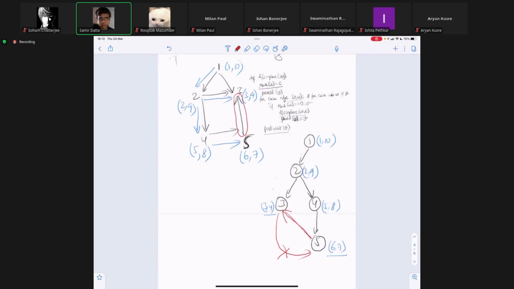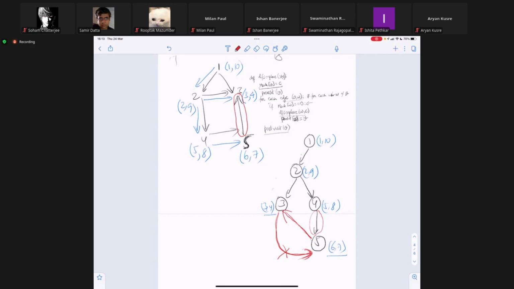The tree would have been 1, 2, 3, and then 5 below 3. 5 would have been explored directly from 3. You would not have backtracked from 3 before reaching 5. So 5 would have become 3's child, and then this would have become a reverse cross edge.